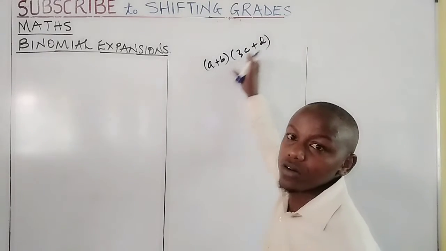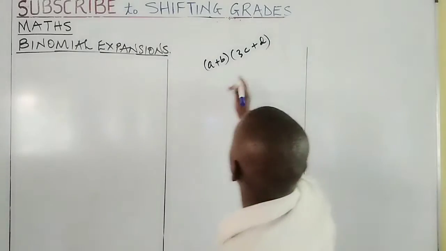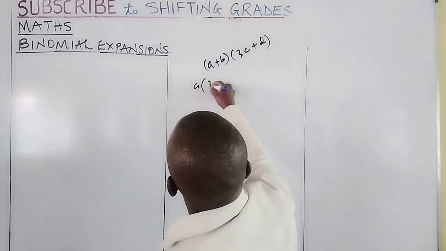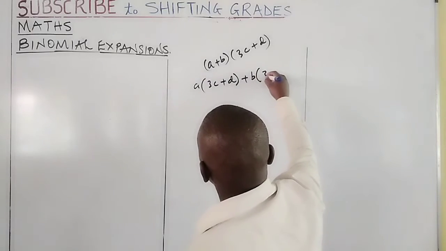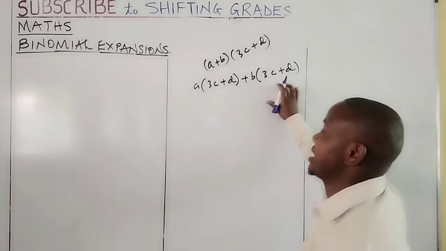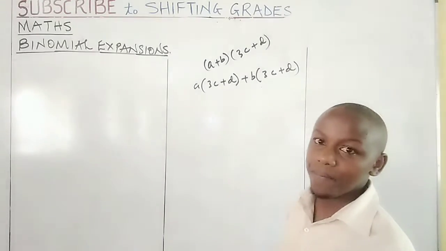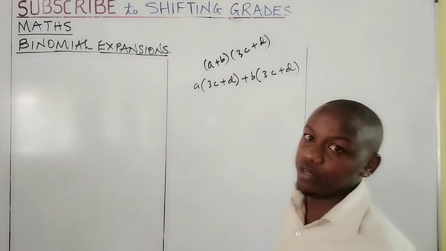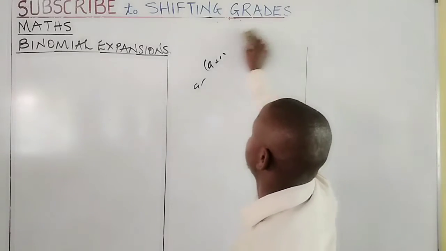We take a and multiply it with 3c plus d, plus b multiplied again with everything in that bracket. Then we expand and group like terms together. In this case, we will be doing the same thing, building on the concept we got in book 2.